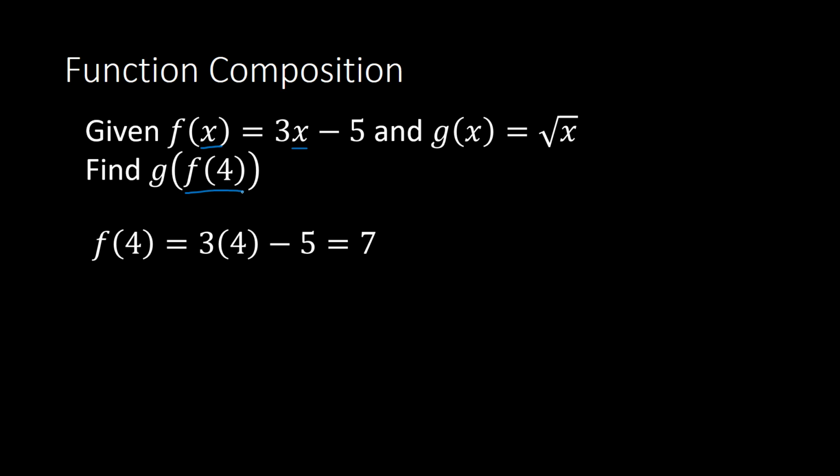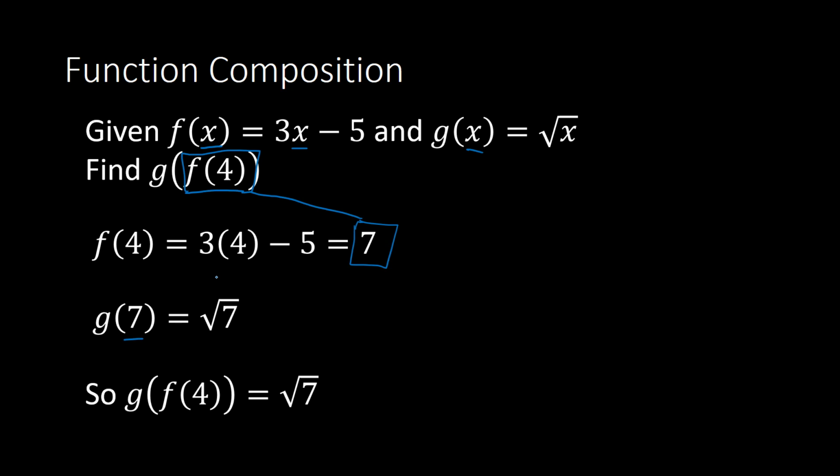So in place of f of 4, I can put in this 7. So instead of g of f of 4, I will now have g of 7. G of 7 means I plug a 7 in for x into the g function. So instead of the square root of x, we have the square root of 7. So my solution for g of f of 4 would equal the square root of 7.